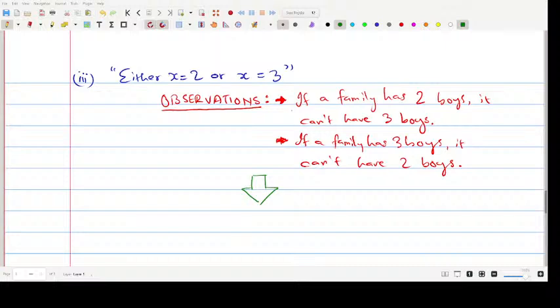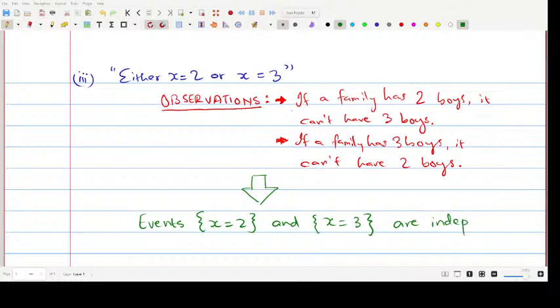The event x equals 2, a probabilistic event, so I'm writing it in parentheses, and the event x equals 3, these two events are exclusive.